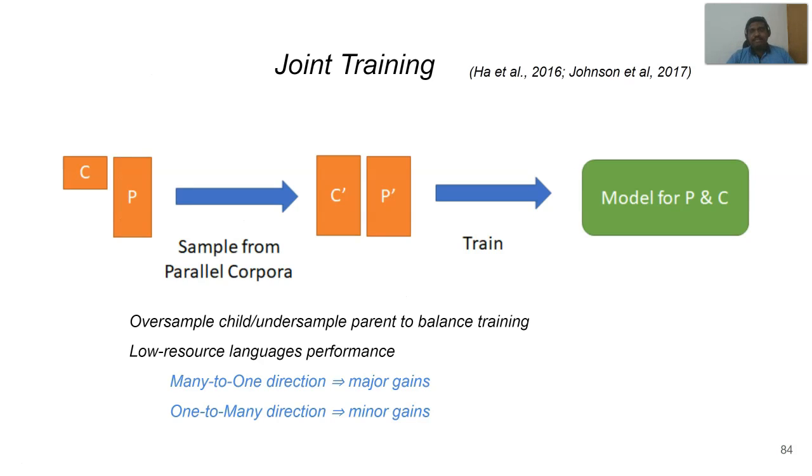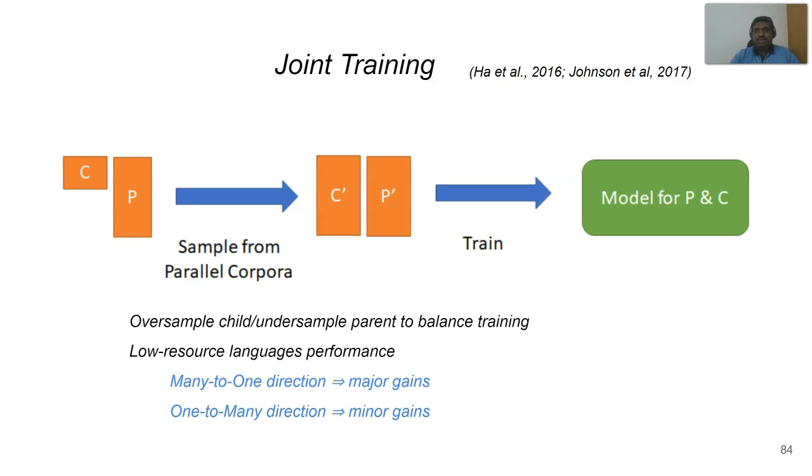The first training method is joint training. We have looked at this in the previous section when training a single multilingual NMT model for a bunch of languages. In this way, when you train a translation system, we are jointly training the high resource language pair denoted by P and the low resource language pair, the child language pair denoted by C. We may have to sample so as to balance the two corpora and then train a joint model.